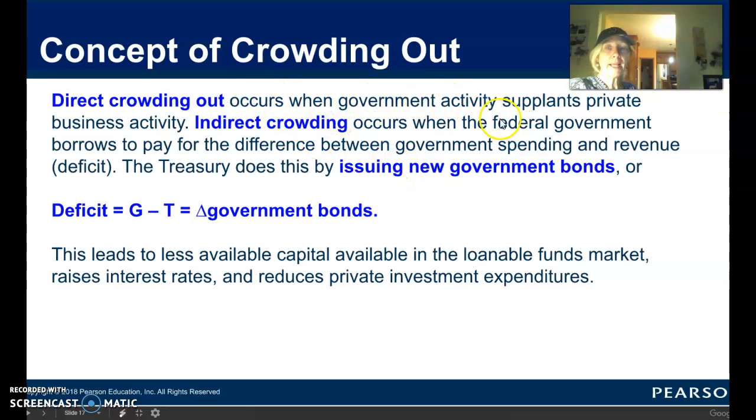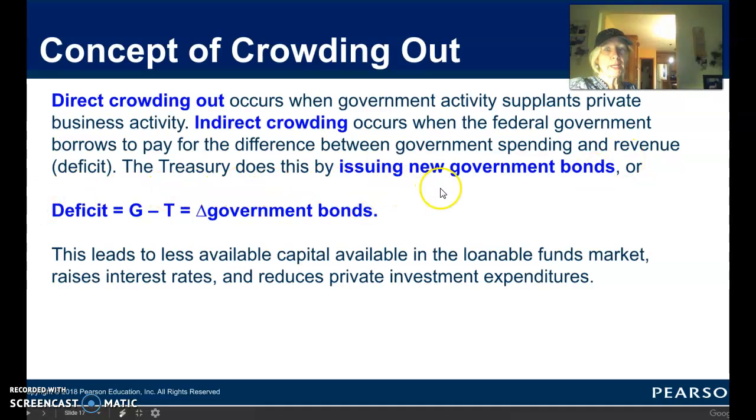So basically he's saying when government comes in and supplants private business activity, that basically crowds out beginning businesses or private businesses. So direct crowding out occurs when government activity supplants private business activity. Indirect crowding occurs when the federal government borrows to pay for the difference between government spending and revenue deficit.